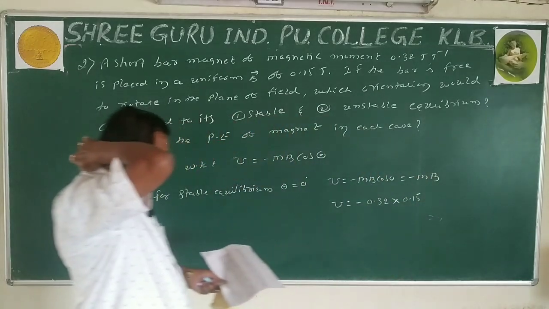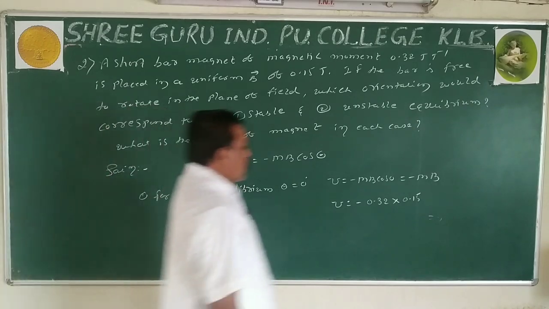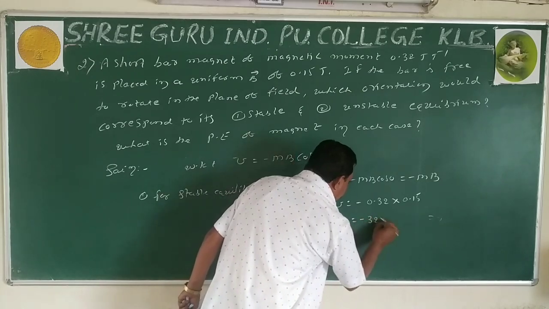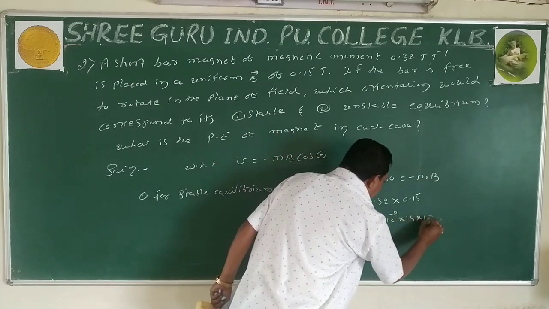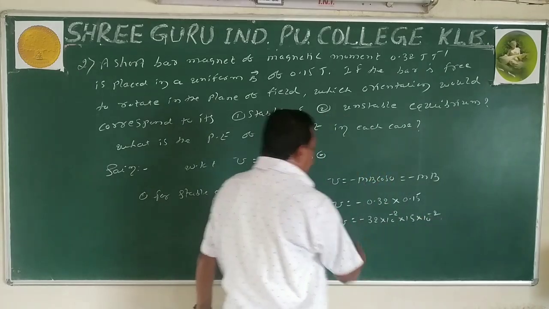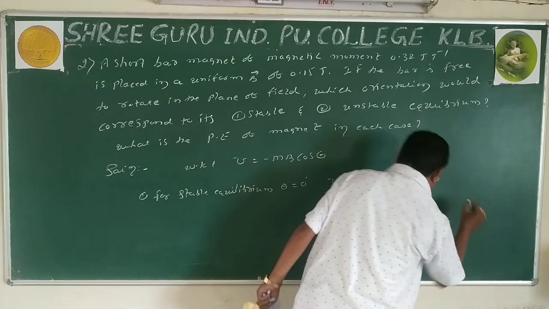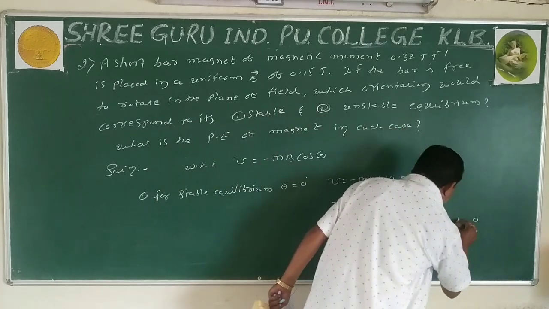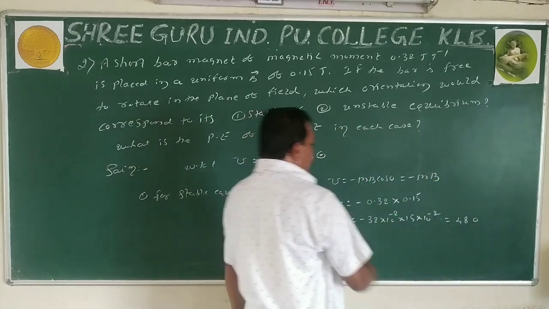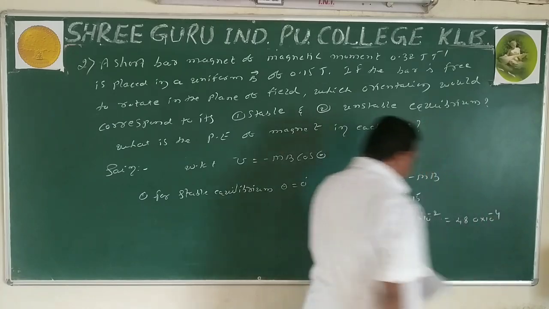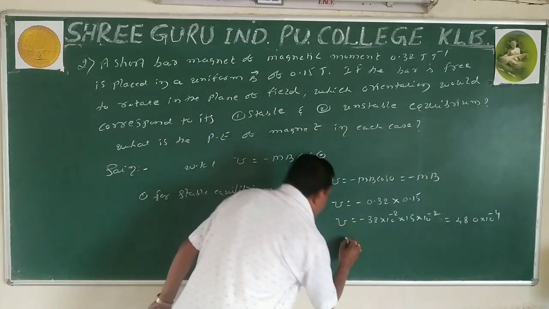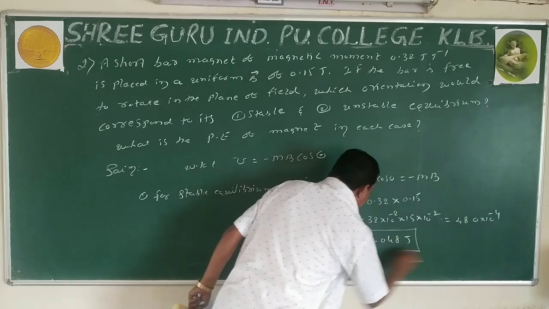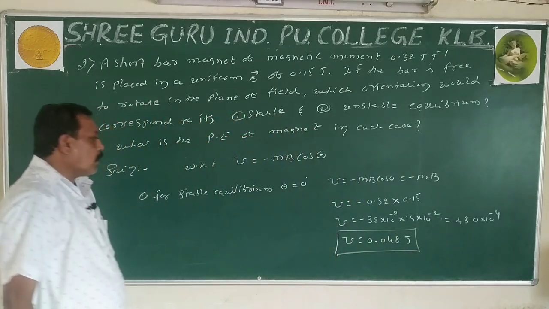So U equals minus 32 into 10 to the power of minus 2, times 15 into 10 to the power of minus 2. 15 2s are 30, 15 3s are 45, 45 plus 3, 48, into 10 to the power of minus 4. So what is your answer? U equals 0.048 joule. This is for stable equilibrium.